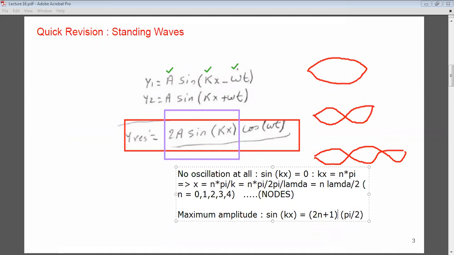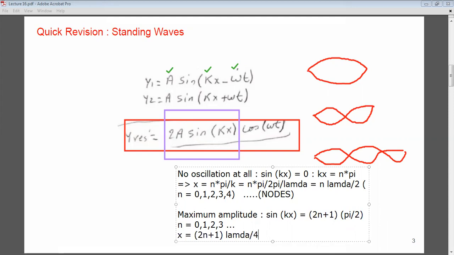So 2n plus 1 times pi over 2, where n is equal to 0, 1, 2, 3, etc. Which means this happens when x is equal to (2n plus 1) lambda over 4.